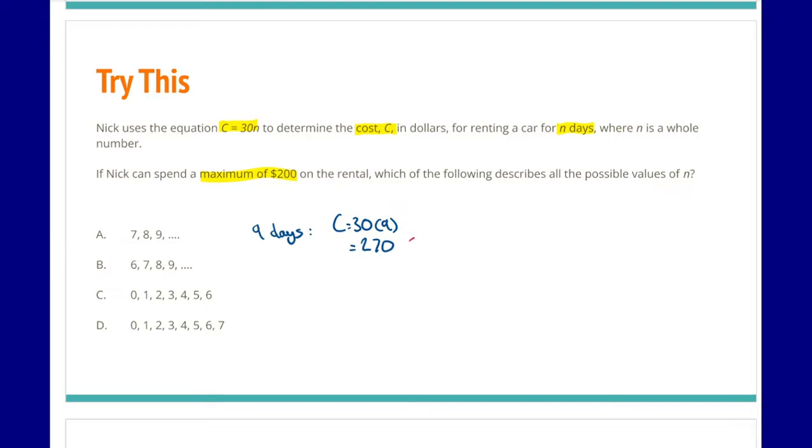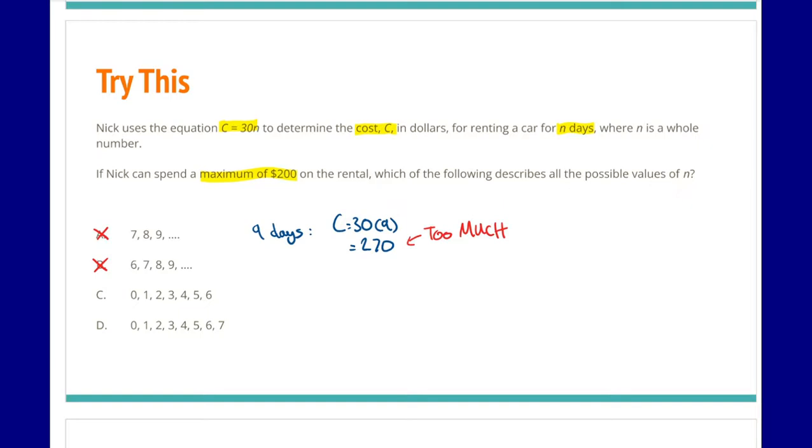So this is too much. Because it's too much, I can't rent the car for 9 days. That means I can cross off these 2 values right here. So just by doing one simple substitution, I found that two of my possible answers are wrong.